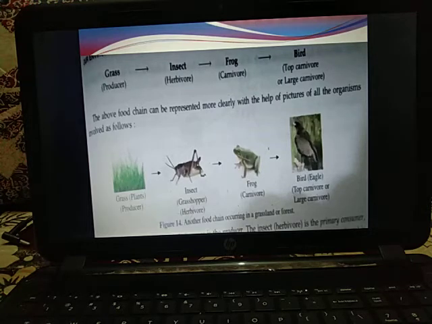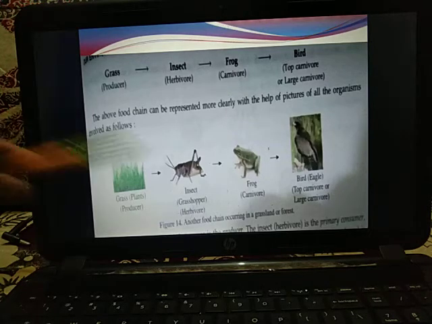And if you are asked which organism given in the food chain is the tertiary consumer, don't go for the frog.